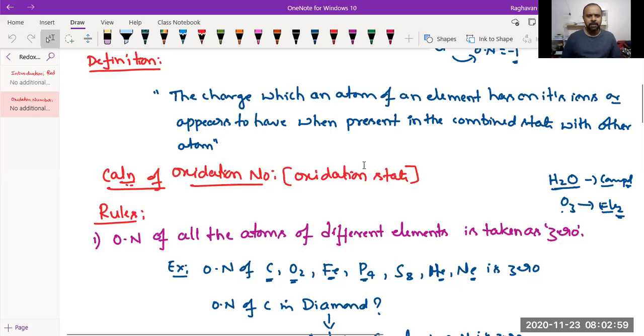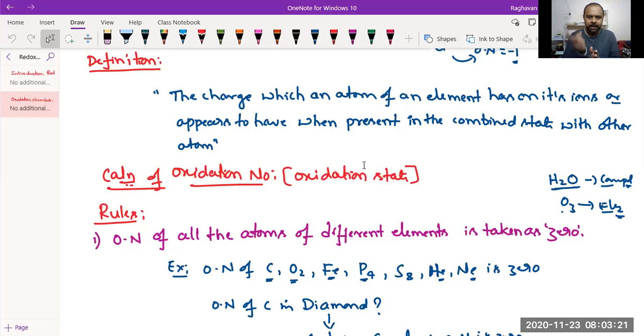So oxidation number is simply nothing but the charge which an atom of an element has on its ion or appears to have when present along with other elements in the combined state, right? For example, when you take covalent compounds like methane, benzene and all, it is one element with another in combined state.